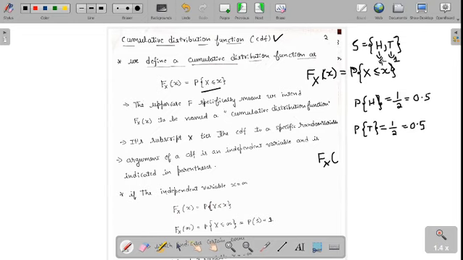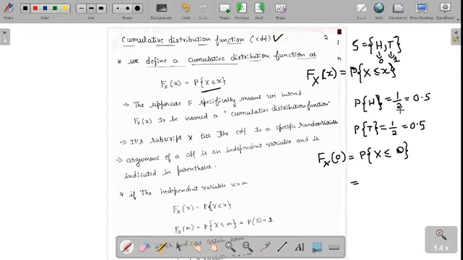The random variable is given as 0 here, so they write 0 here. So that is equal to the probability of capital X less than or equal to 0. What should be written here? 0. So what is the probability of X less than or equal to 0?